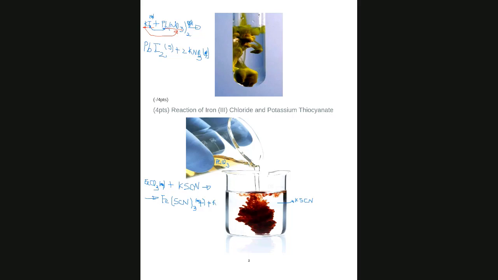So if they say this is aqueous and you look at the products and both are aqueous, you cannot say precipitate as evidence of reaction. You have an aqueous solution, so you will say the color changed to reddish brown. And that is the evidence of the reaction. Any questions so far?